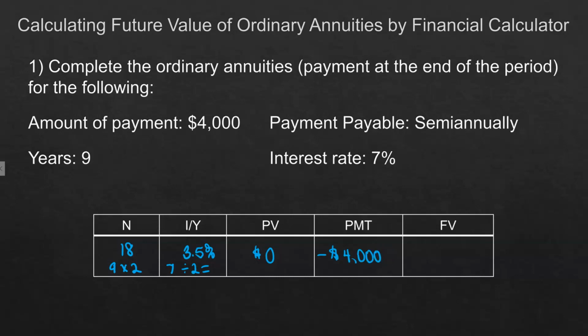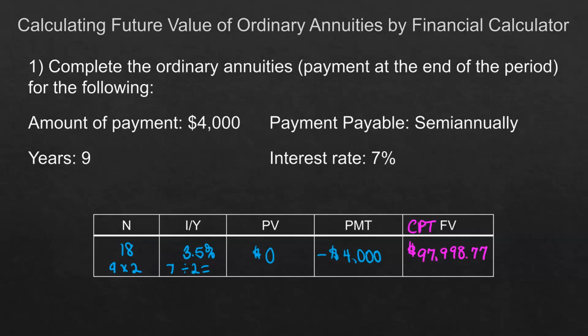Whoops, I had an extra 0 on there. Then we simply compute future value, and you find that you would end up with $97,998.77.